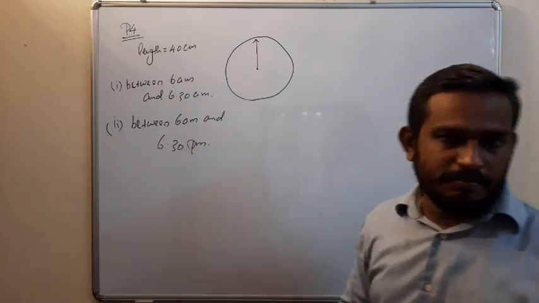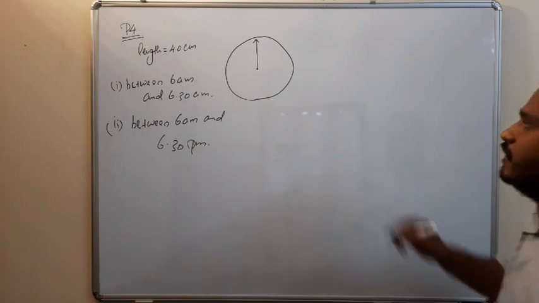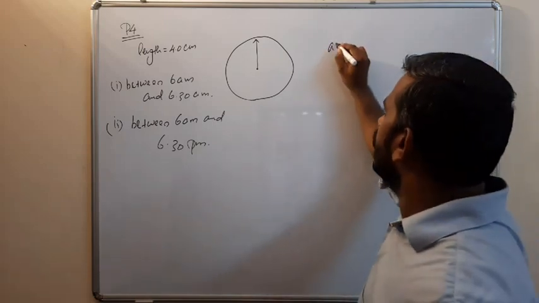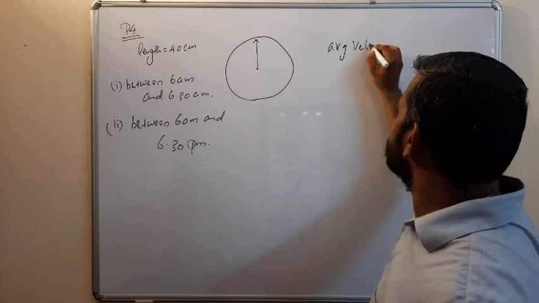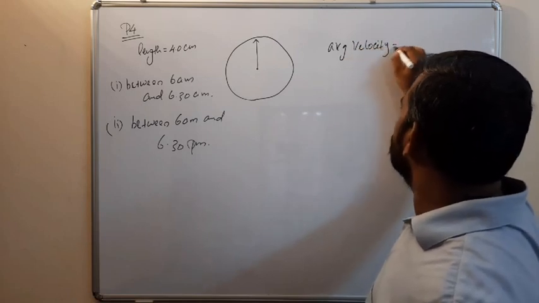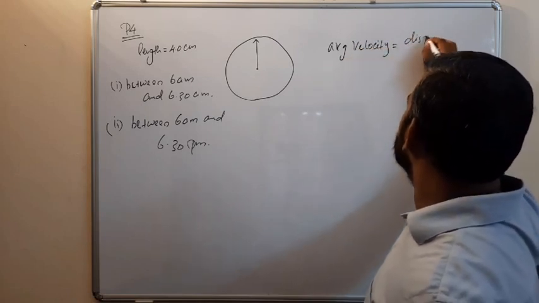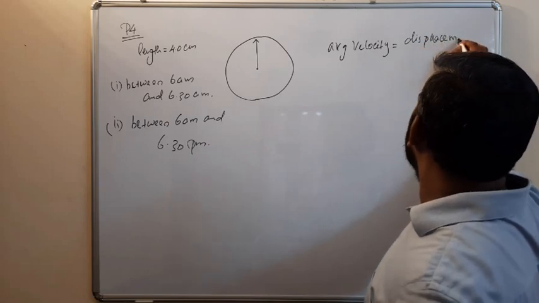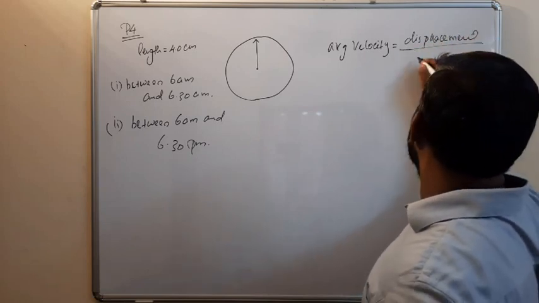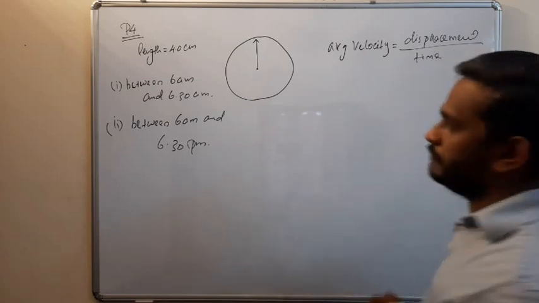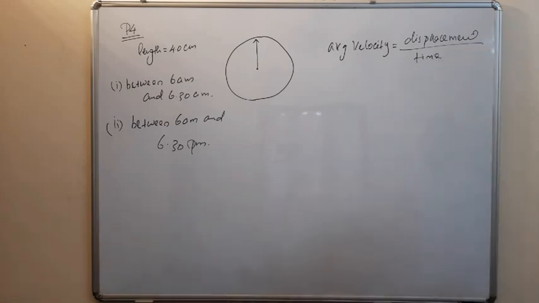So average velocity is equal to displacement by time.